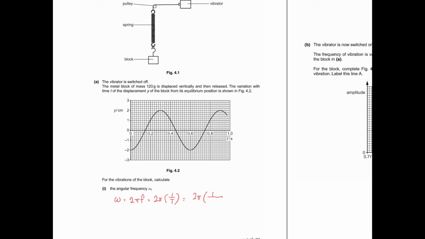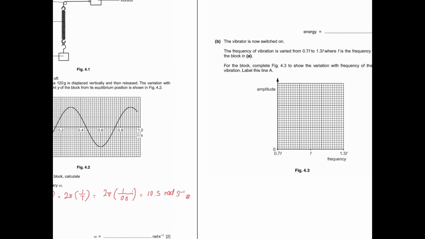Let's say from minimum to minimum. So it takes 0.6 seconds. So that is the period, 0.6, and that gives 10.5 radian per second. Okay, so this is part 1. Now let's look at the other side.